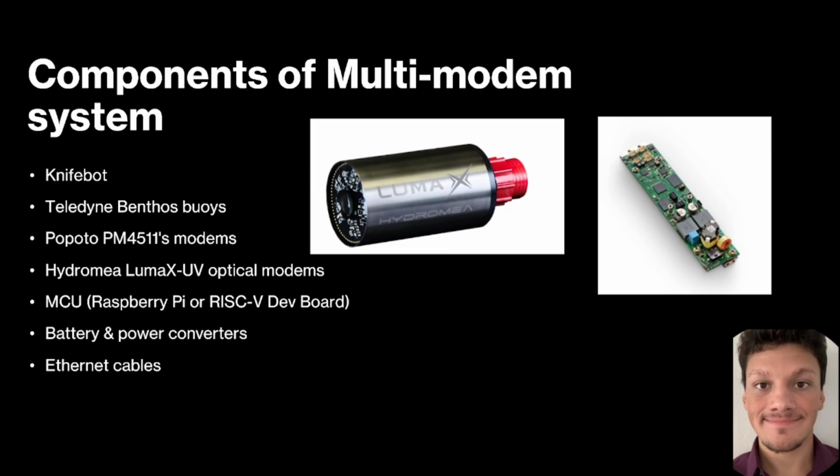So we just need some sort of API, and Linux is the easiest to implement. So depending on how much we want to look for future development, we will be using either a Raspberry Pi or a RISC-V dev board, the battery and power converters, as well as Ethernet cables.